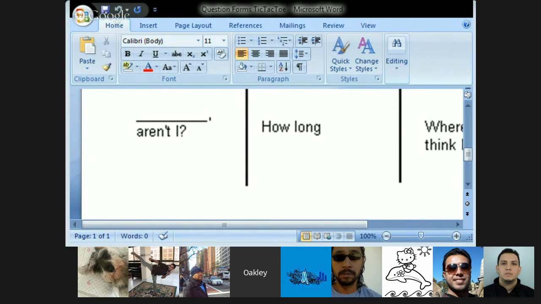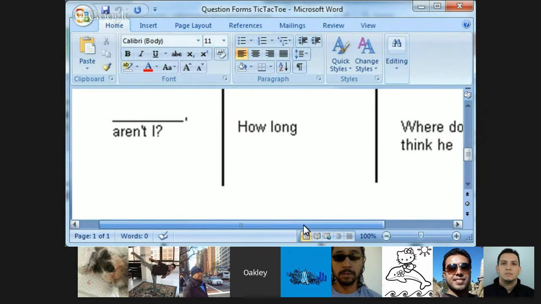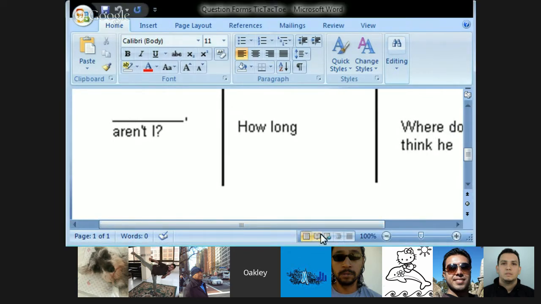It is very frowned upon in English, and you make yourself look bad, frankly. But that's what it is attempting to do: contract am with the negative not. There is no possible way to do it. So that's why we're stuck with aren't I.